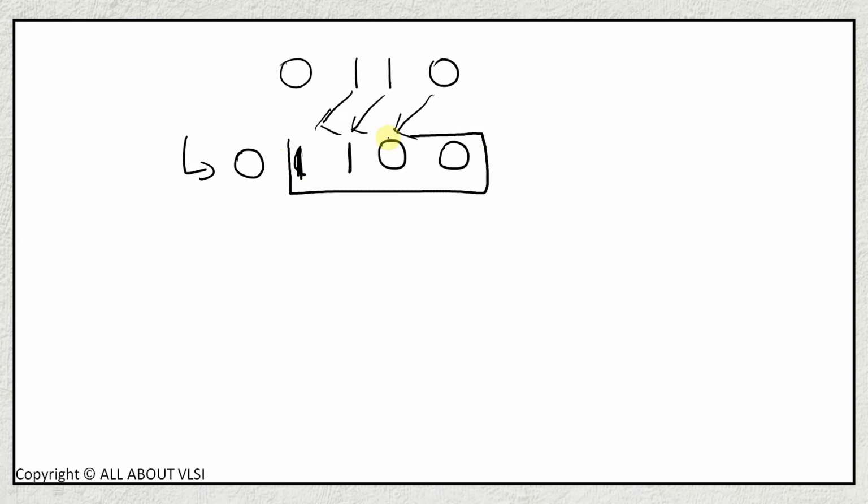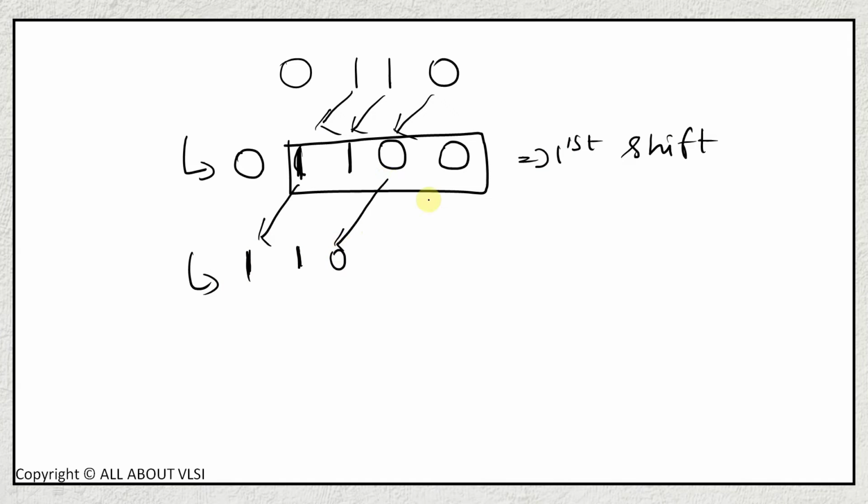This is the resultant of the first shift. After performing the second shift, the leading bit is dropped again, and you get 00 with one more 0 inserted. This is the resultant of the second shift operation.